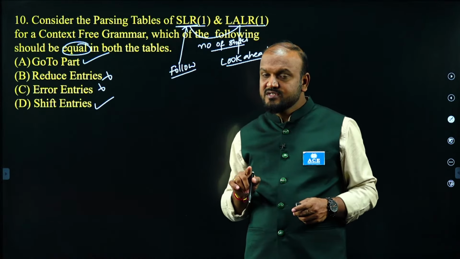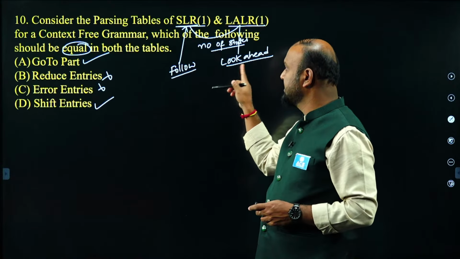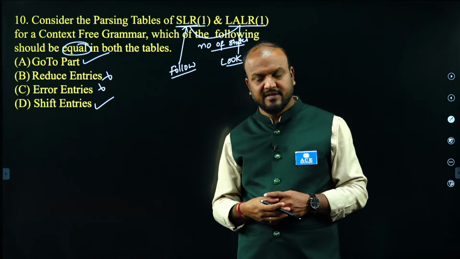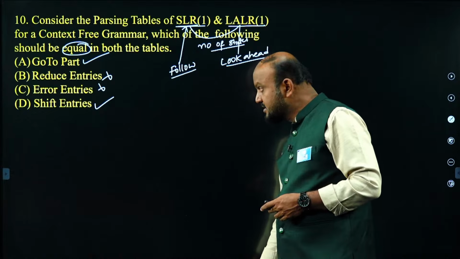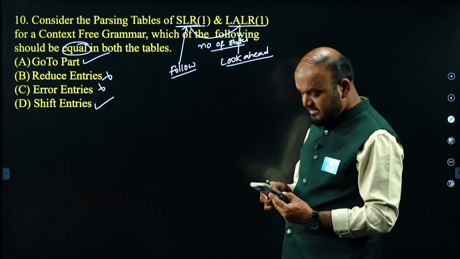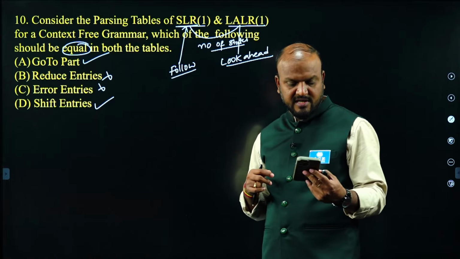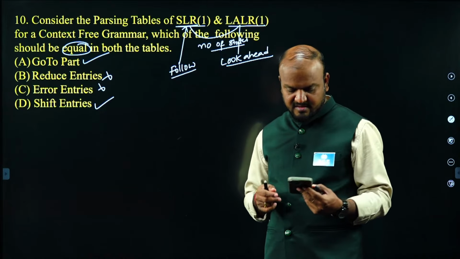But reductions are in follow here and in look aheads there. So reduces are different, which means error entries are also different. Got it? So what is the correct answer for this question? A and D. Sharon, Sujan, that's quick. That's fine.